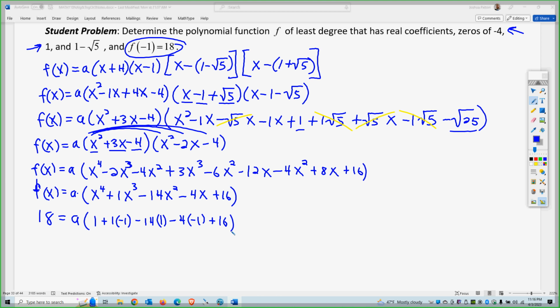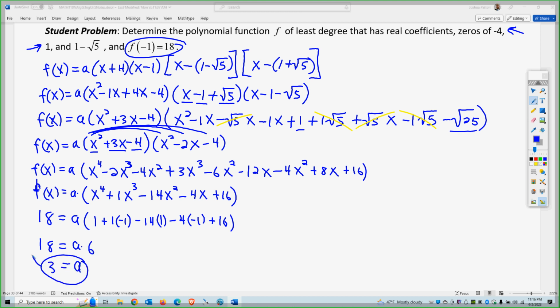Okay, so that's 1 minus 1 minus 14 plus 4 plus 16. So 16 plus 4 is 20. Minus 14, so that's 6. So 18 equals a times 6, or a equals 3.